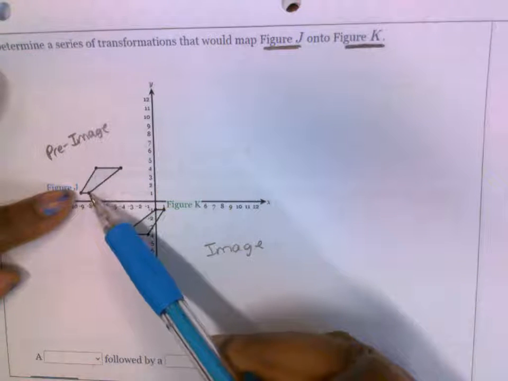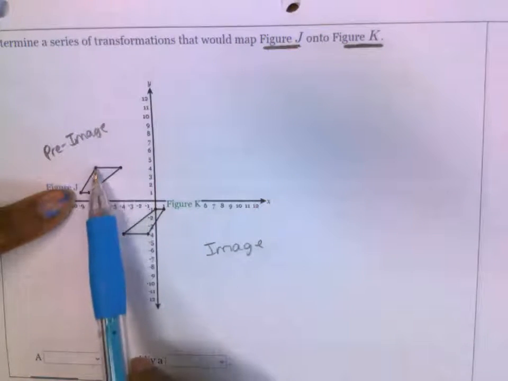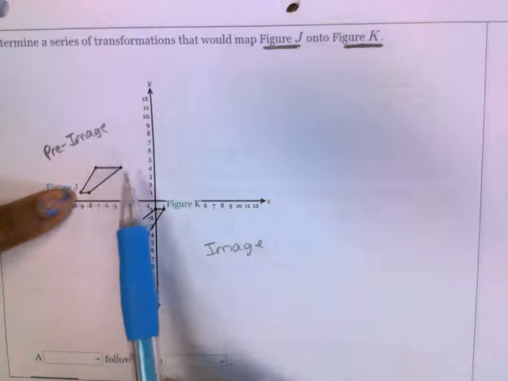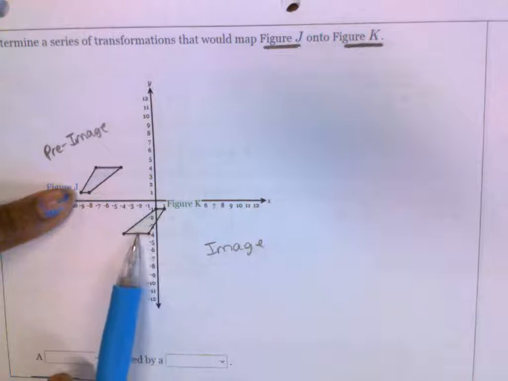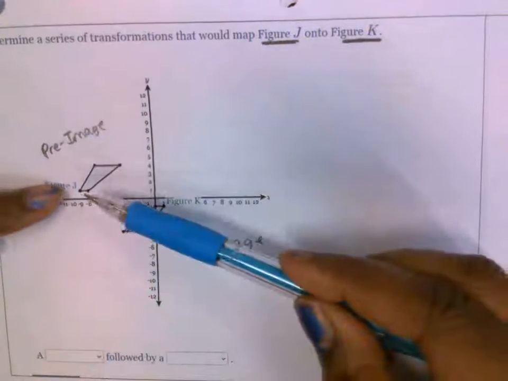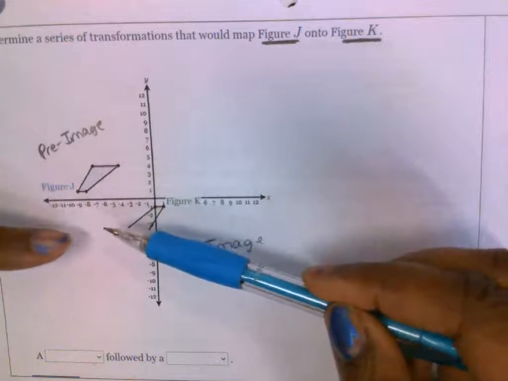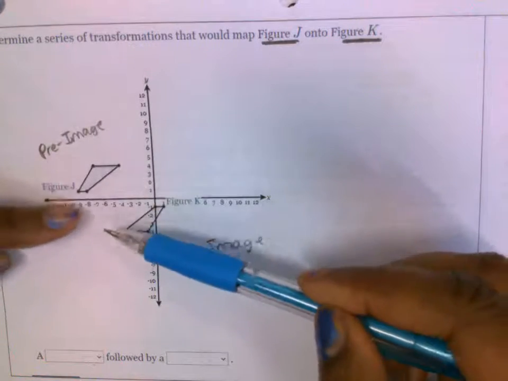If you were to actually flip this, because notice how this long part is up here, but then the long part is down here. So some type of either flipping or some type of rotating had to take place in order to get these two to be on opposite ends. So if I were to flip this over here, and that's what you would do, flip it.